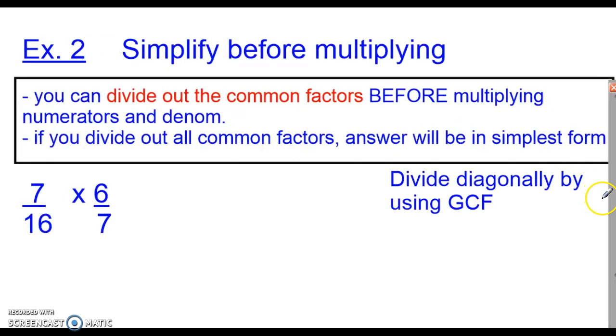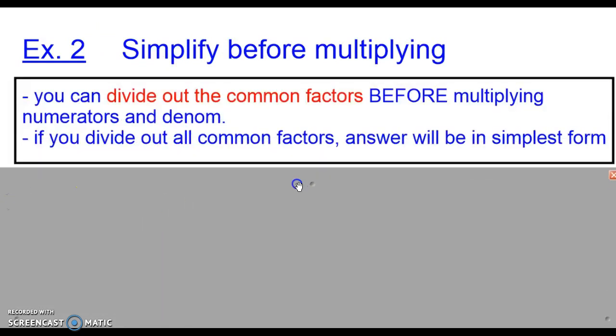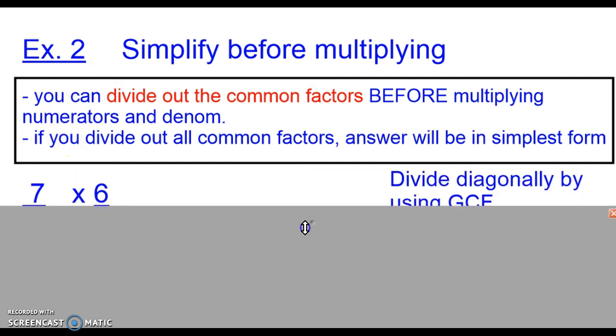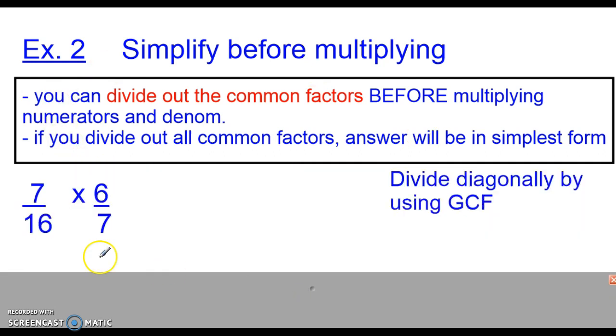Now we're going to talk about how you can simplify before you even multiply. You can divide out common factors before multiplying the numerators and the denominators. If you divide out all common factors, your answer will be in simplest form. In words, it doesn't necessarily make sense, but let's look at an example. Here you have 7 times 6 over 16 times 7. I can look across and see what I can simplify out.